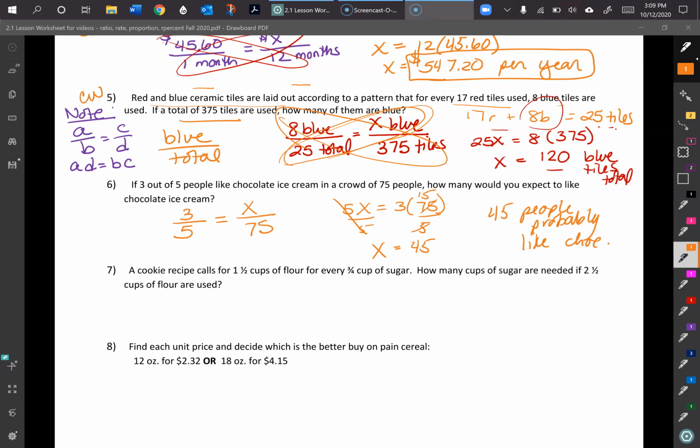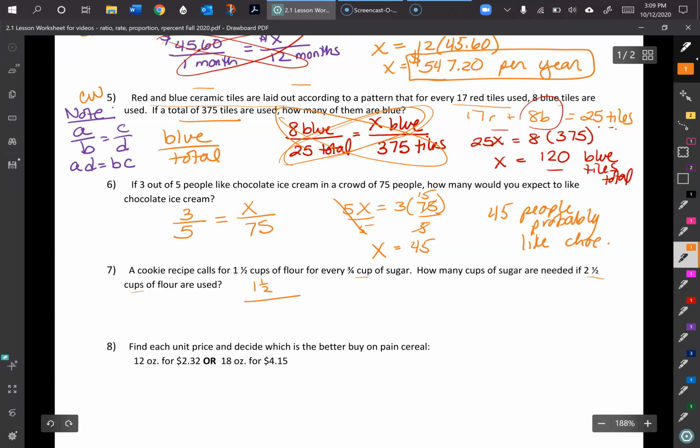A cookie recipe calls for 1.5 cups of flour for every 3/4 cup of sugar. How many cups of sugar are needed if 2.5 cups of flour are used? So we would do 1.5 of flour to sugar is what the recipe calls for. And then my reality is 2.5 cups of flour in the numerator over the sugar, which I'm trying to find, right?